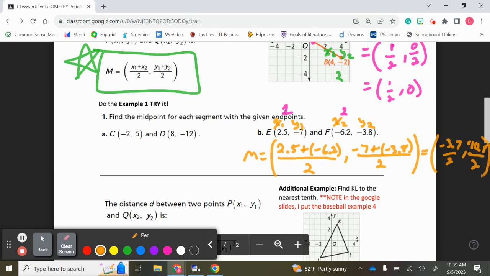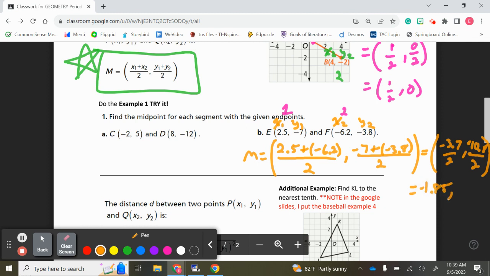Okay. Now, what is negative 3.7 divided by 2 going to be? Let's round it. I think it ends up cutting off. So what does that give me? Negative 3.7 divided by 2. What is it? Very good. Negative 1.85.